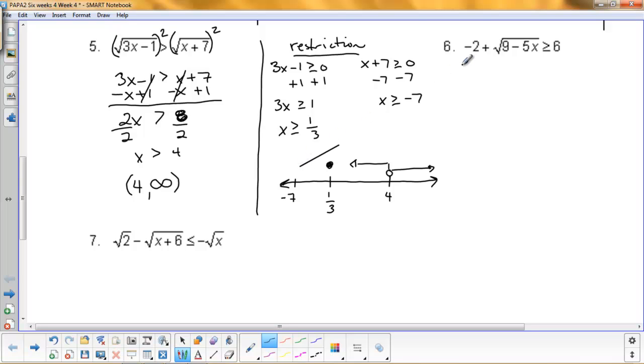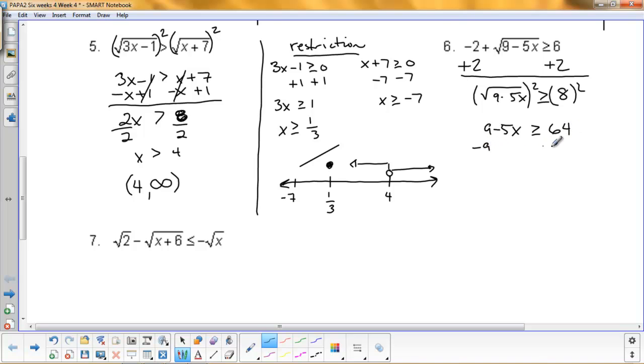All right, question number 6. We'll again isolate the radical. Square root of 9 minus 5x greater than or equal to 8. Square both sides. 9 minus 5x greater than or equal to 64.